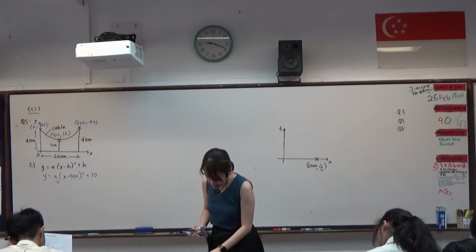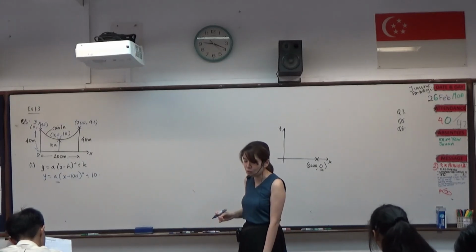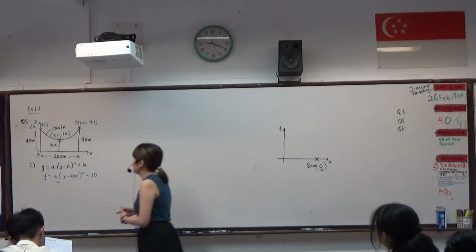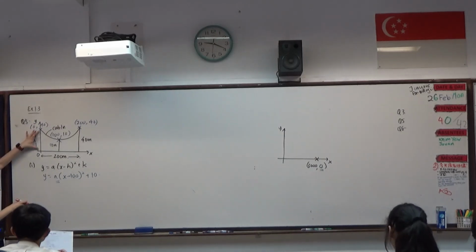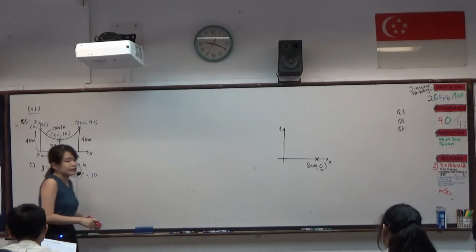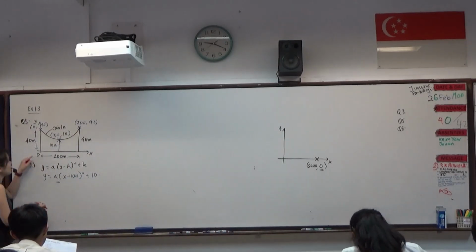Next, part 2. Find the length of the vertical supporting wire that is 30 meters from the origin. Because this diagram only shows us 3 pieces of supporting wires, they now say that there is another piece that is 30 meters horizontally from the origin.